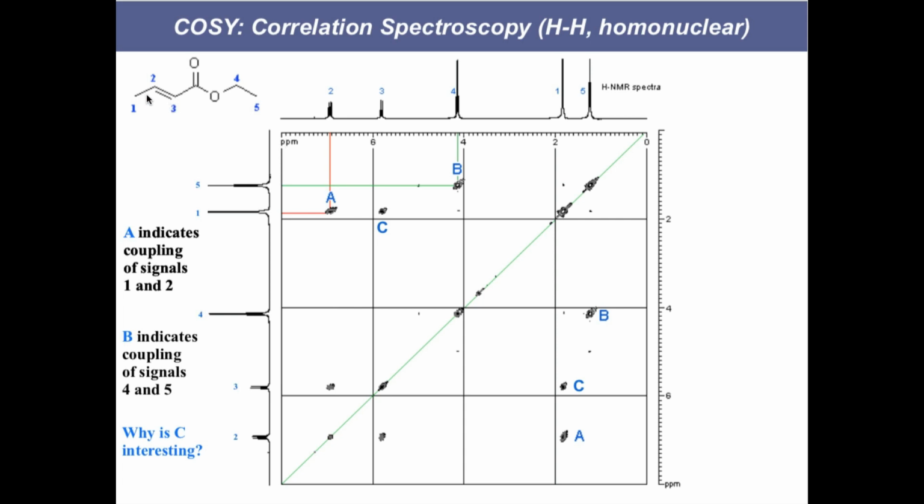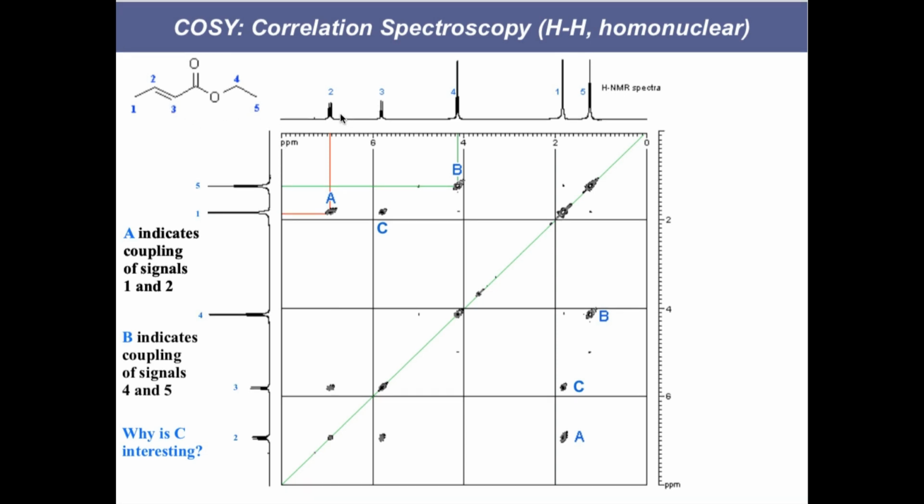If it was a cis double bond and the methyl carbon 1 was pointing up above the 2 like that, then the 1s would be nowhere near the 3 in space, and there would be no correlation from 1 to 3. So specifically here, the signal for C tells us that 1 and 3 are correlated, and it's likely to be a double bond that puts them near each other. And in this case, we need a trans double bond to put them near each other.